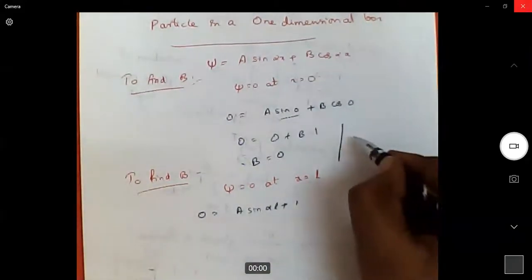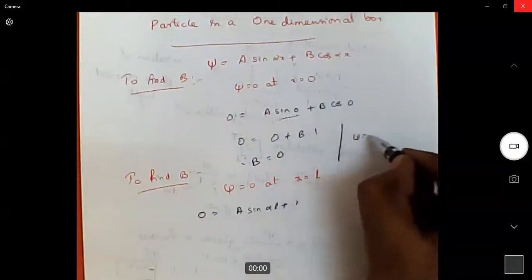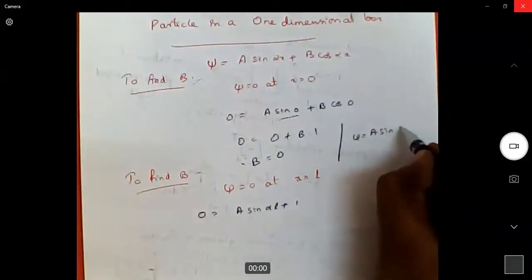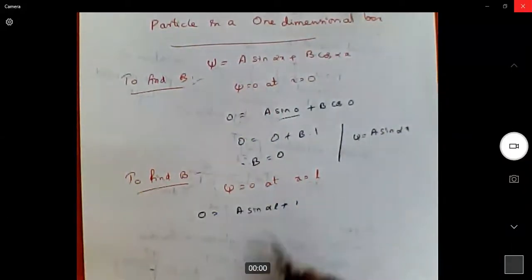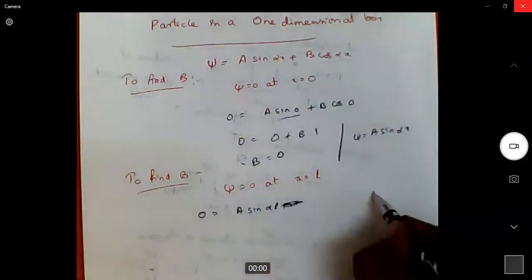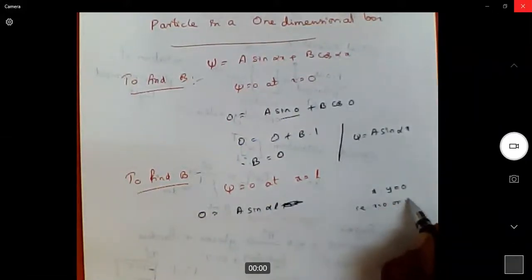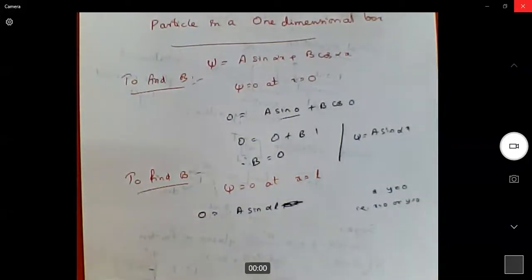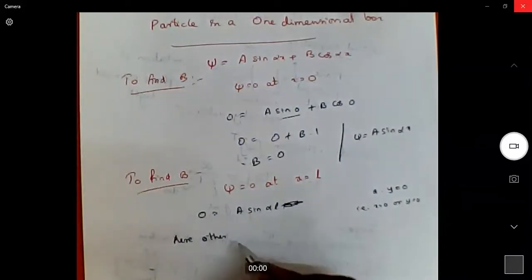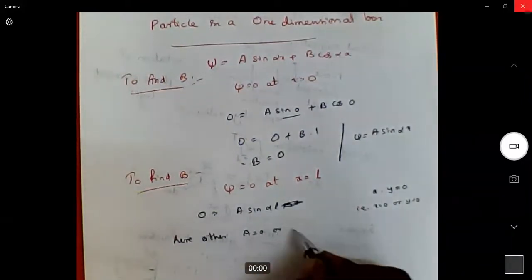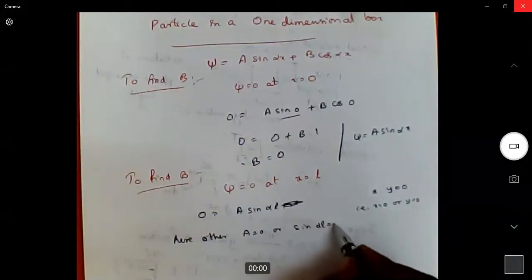So here the modified equation is psi is equal to A sin αx, right? From this equation, x into y is equal to 0. That means either x is equal to 0 or y is equal to 0. That means here either A is equal to 0 or sin αL is equal to 0.